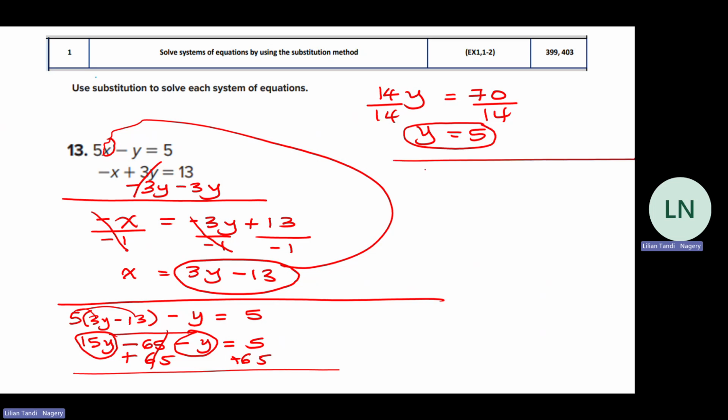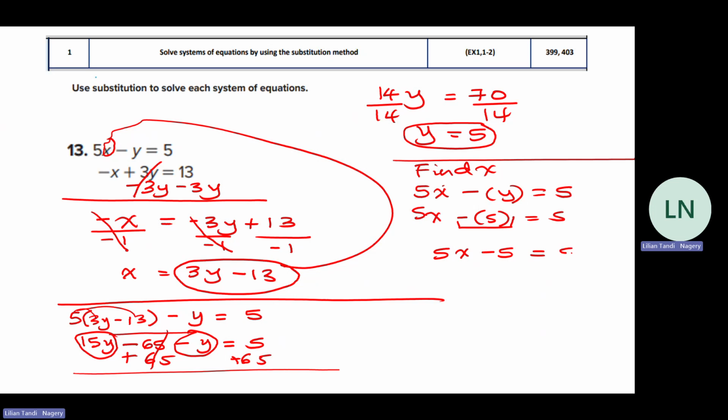Then now I find x. I'm going to use the first equation. So 5x minus y equals 5, which is 5x minus (5) equals 5. This becomes negative 5. 5x minus 5 equals 5, plus 5 on both sides. 5x equals 10.